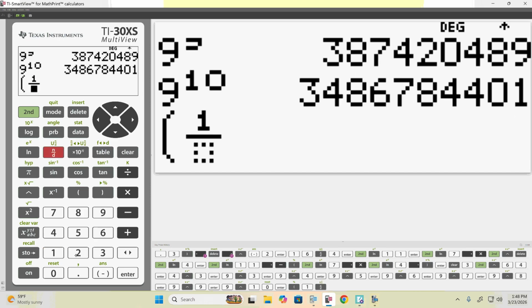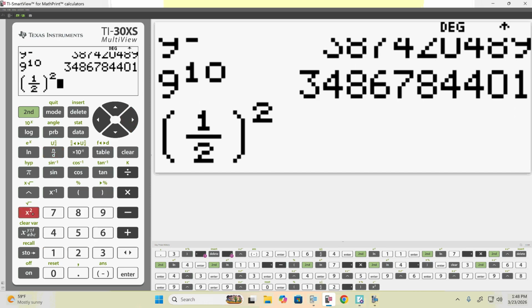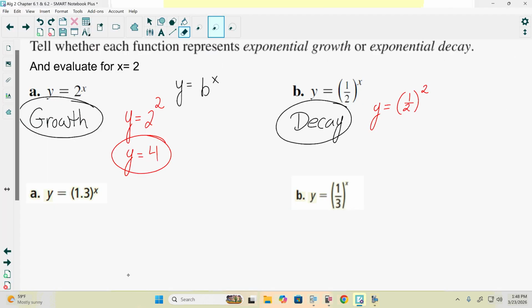So at this point, we could plug it in: 1/2 squared. So we're saying 1/2 times 1/2. So 1 times 1 is 1, 2 times 2 is 4. Questions on either one of these so far?